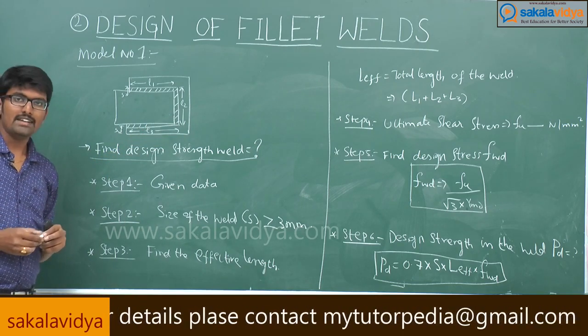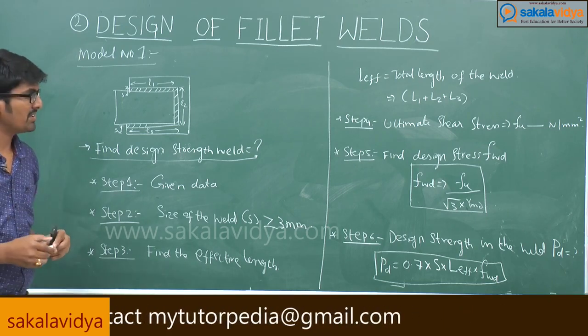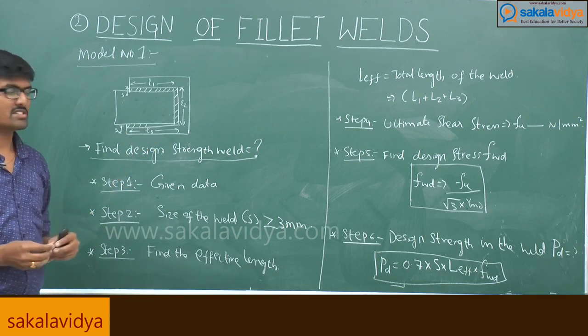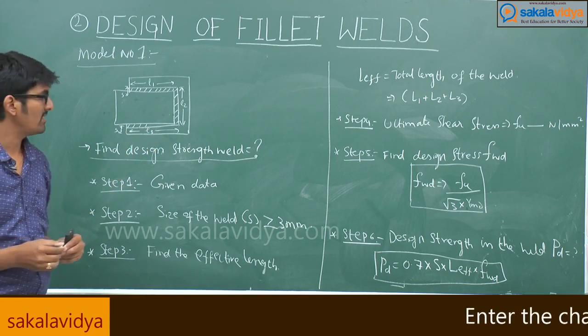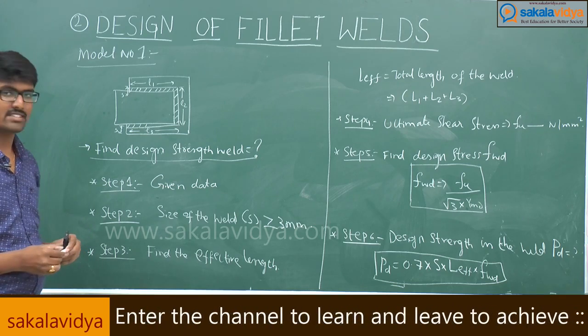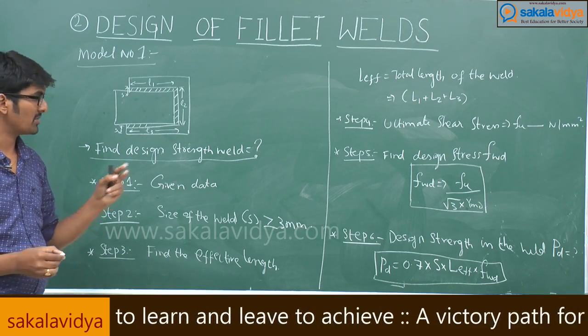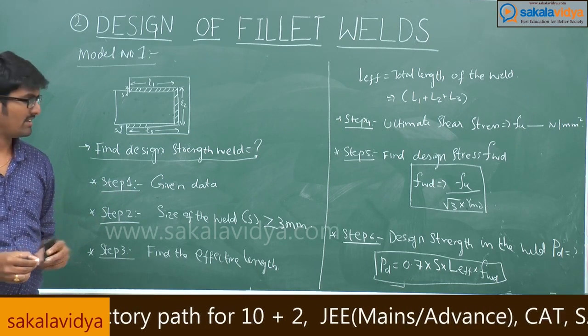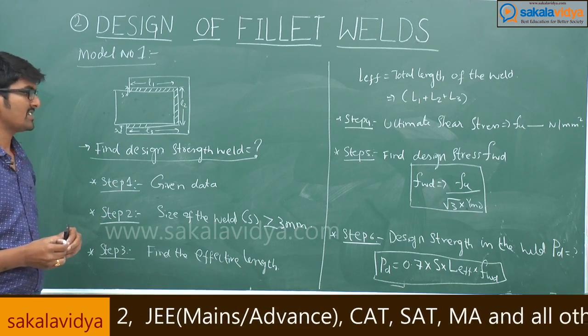Step 4, ultimate shear stress. Units are Newton per mm square or Newton per meter square. This ultimate shear stress will be given in the question itself. Step 5, find the design stress in the weld, that is F suffix WD is equal to Fu by under root 3 into partial safety factor. The last step is design strength in the weld.